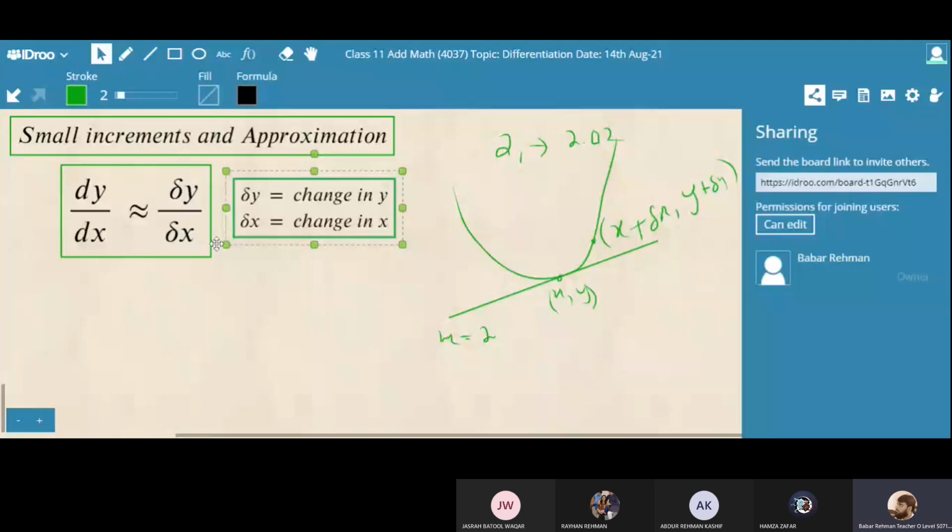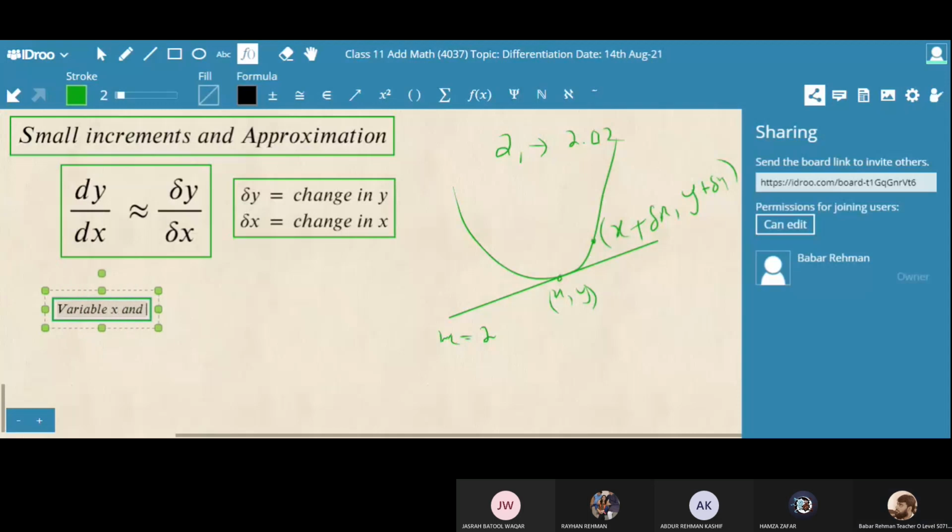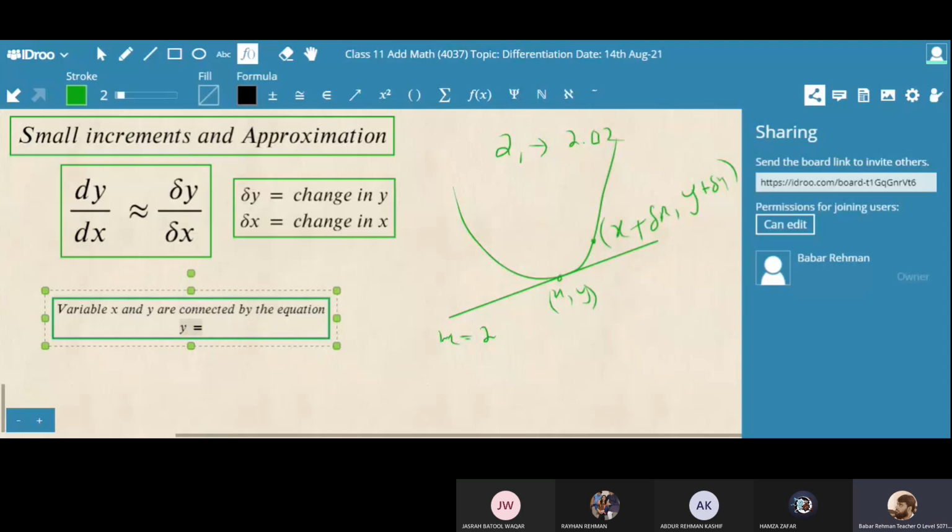Now I'm giving you one question. I hope you understand. Now I will continue. The variables x and y are connected by the equation y is equal to x cube plus x square.